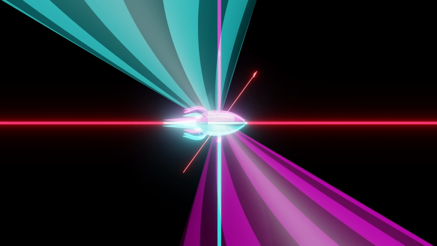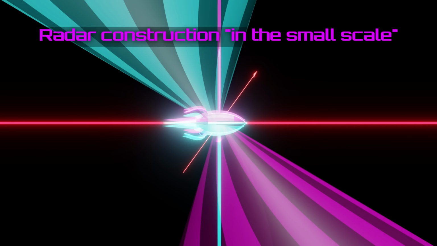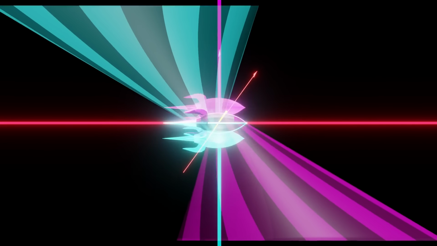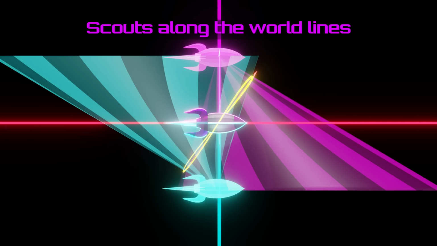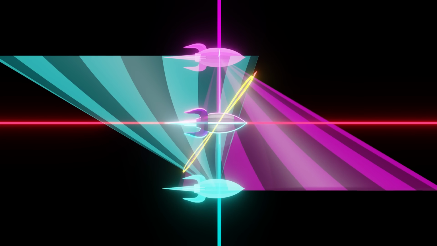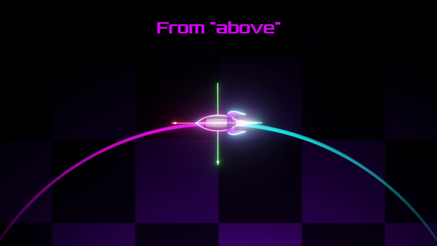We're ready to repeat the radar construction, but this time restricting to a small neighborhood around the rocket. We once again send out scout copies into the past and the future, but only to the very near past and the very near future. They send out the light cones. As in the global case where we got that undulating surface, the light cones are translated along twisting world lines.